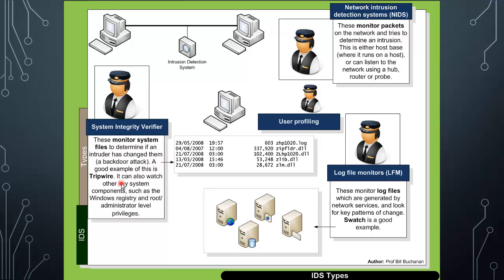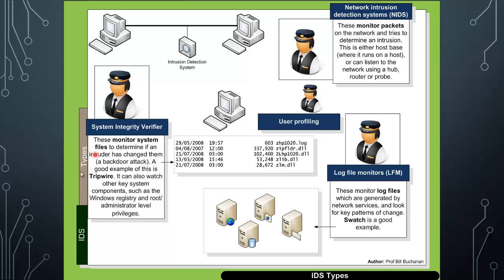Along with that, there are other types of IDS systems that we classify. We can have a network intrusion detection system, and with this one we monitor the network packets on a system and then try to listen for any patterns of intrusion. We can have a system integrity verifier, and with this we have the concept of an agent which monitors certain files.